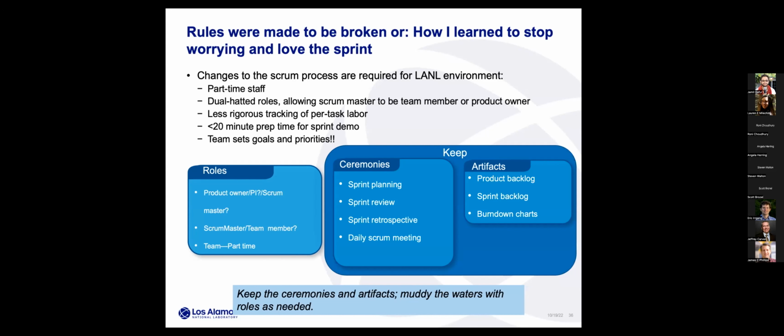Let's talk about that for a minute. I know some of you do science, I know I do, and how many times do you think a grant funder would give you a product owner? Somebody has to be that product owner, and that's usually the PI. The roles I tend to merge are product owner and Scrum Master.